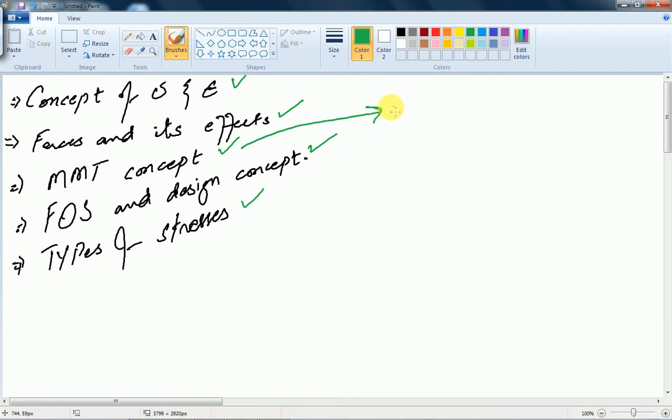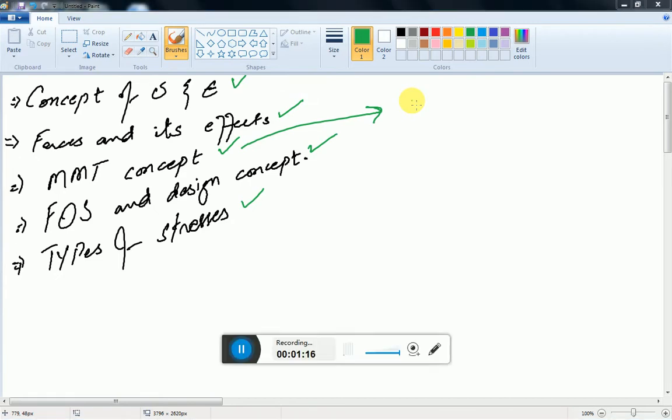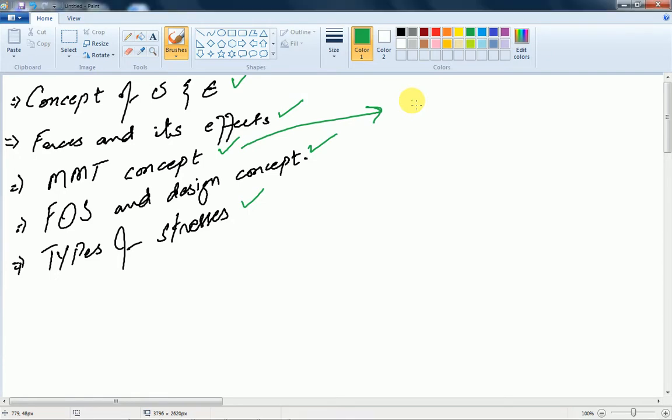We already have discussed how this subject came from the mechanics definition.